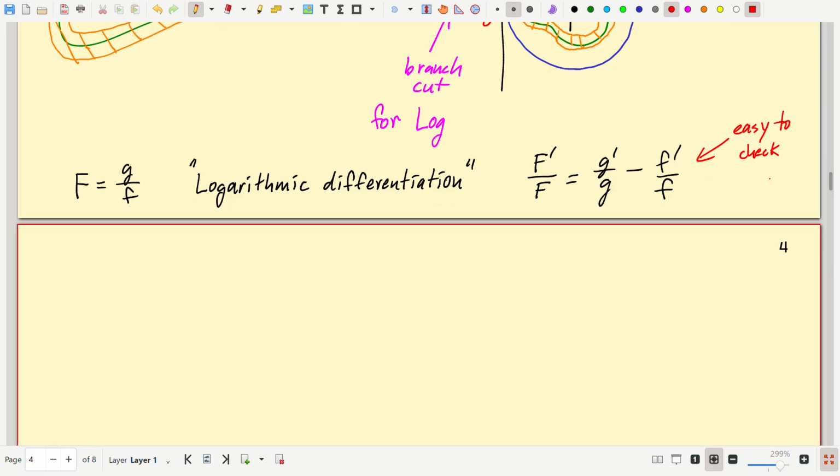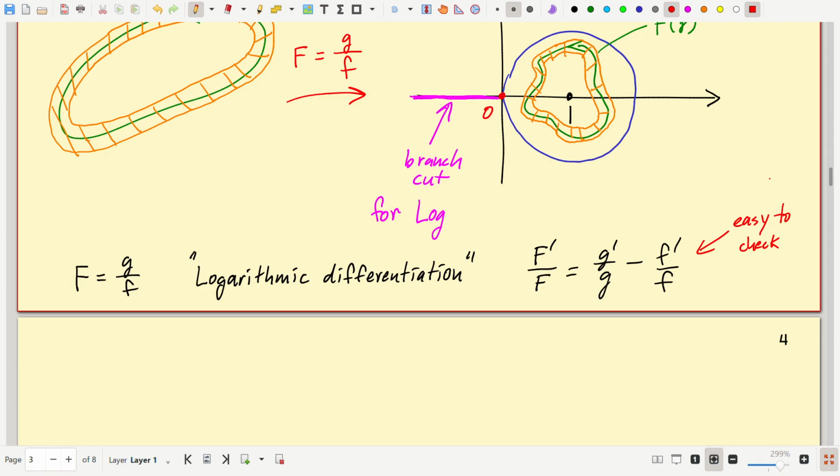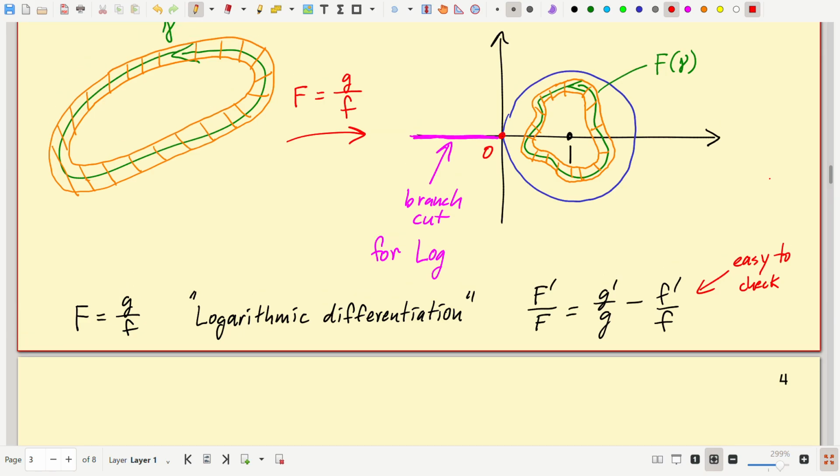But there's an interesting thing. I can make a log of capital F. That picture means I can write, there's a log of F that is analytic. Capital F is analytic on the green curve. In fact, it's analytic in a neighborhood of the green curve.